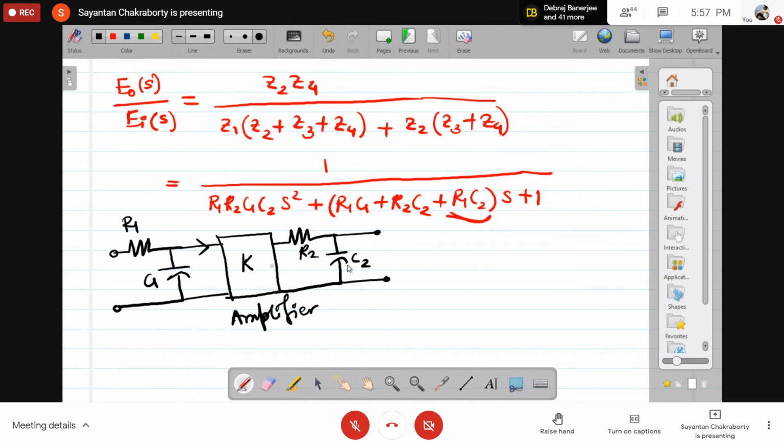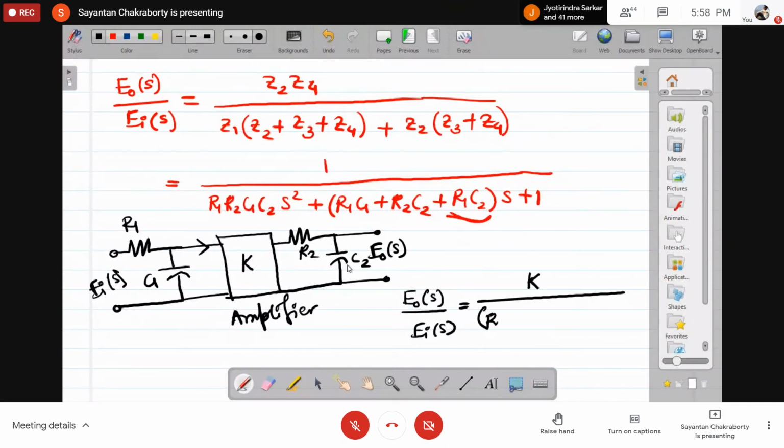So this second part will not load the first part due to this isolation. And in this case, you can simply write E0S by EIS is equal to K divided by R1C1S plus 1.